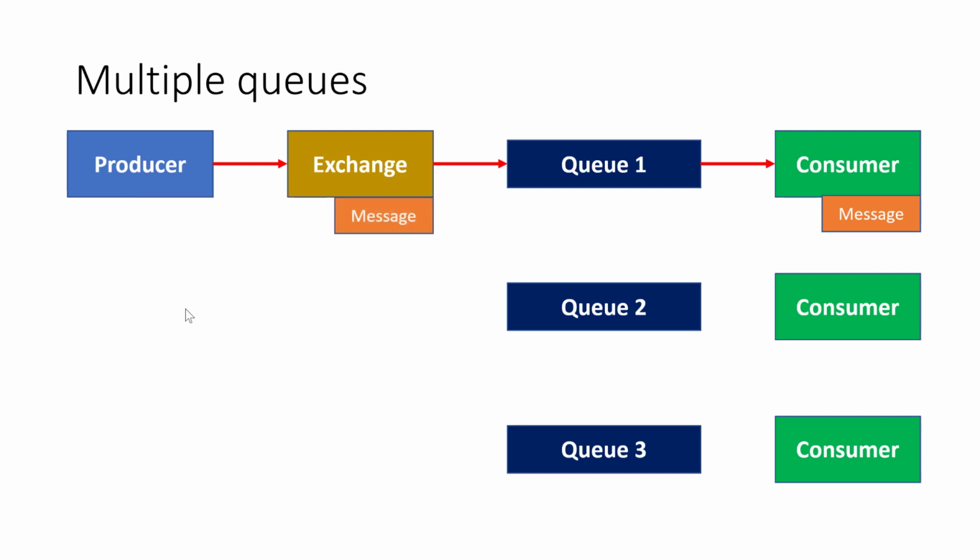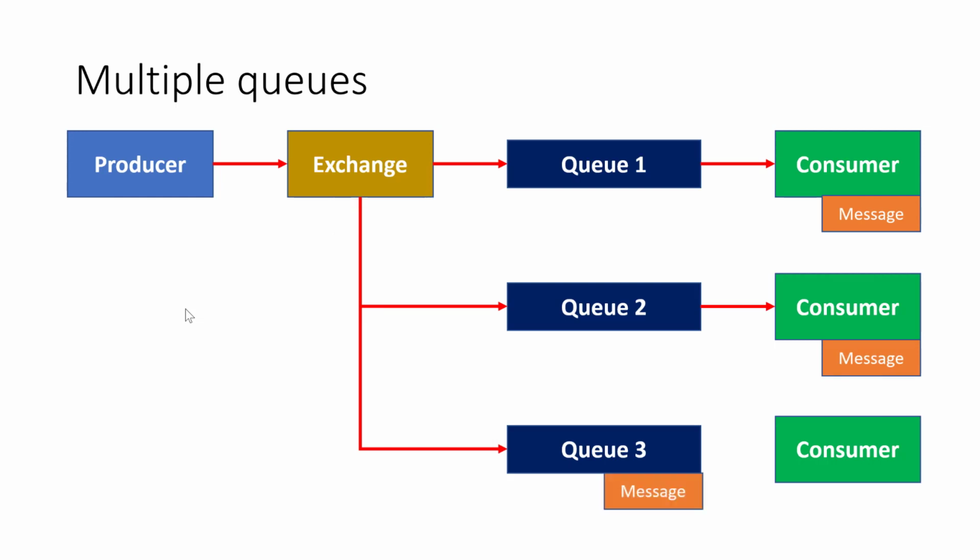The producer can send another message, and based on certain other rules, the exchange can decide that this message needs to be routed to Q2, and then the consumer consumes it. Based on different rules, the exchange can route the message to Q3, which is consumed by the consumer as well.